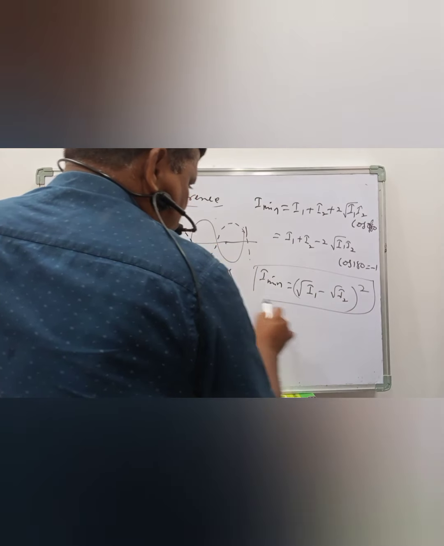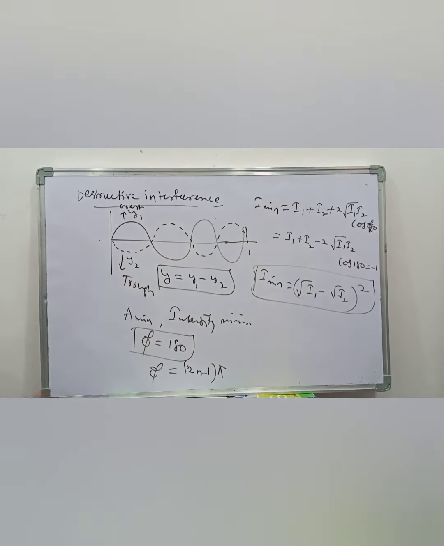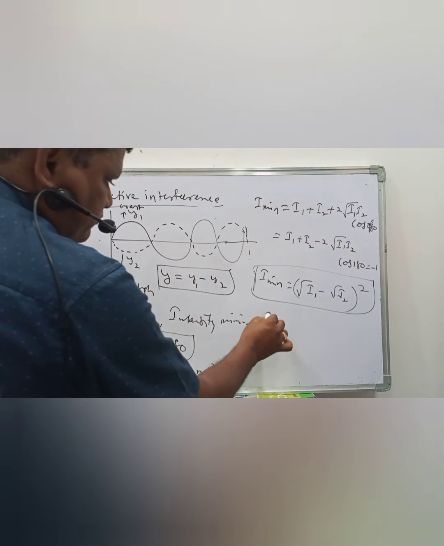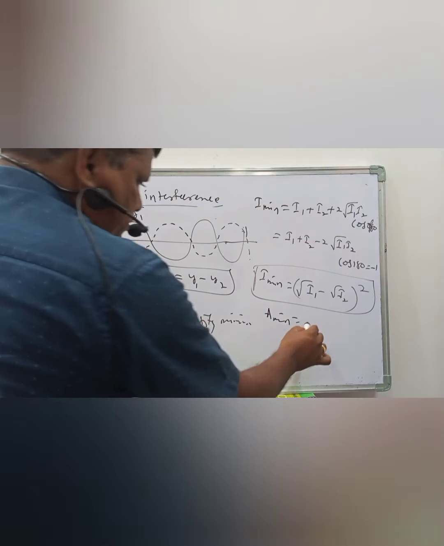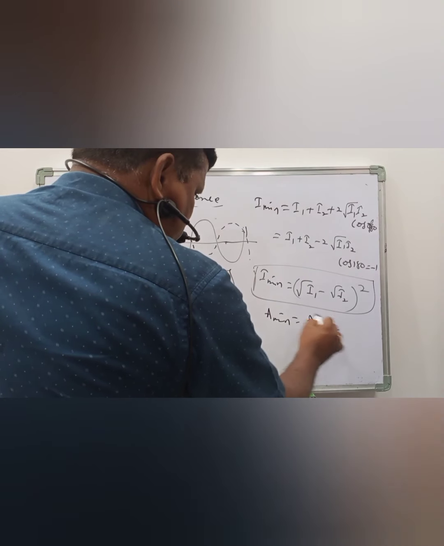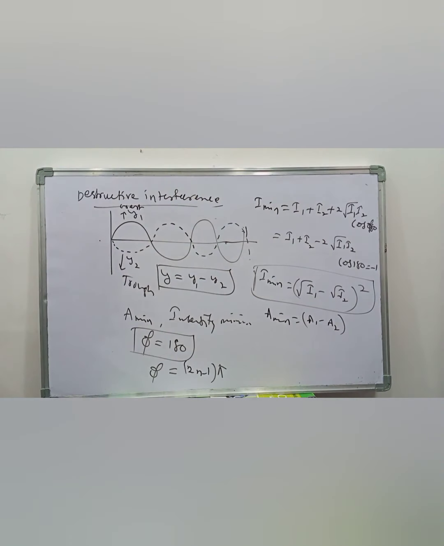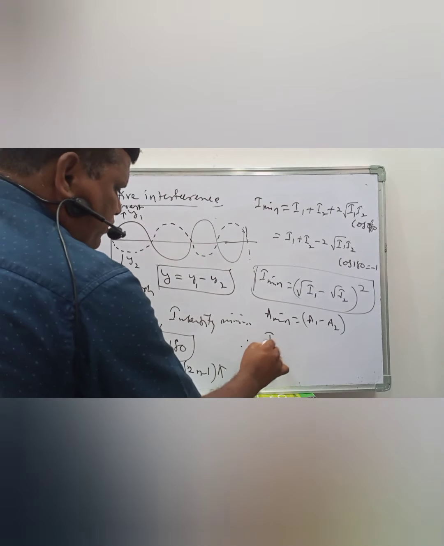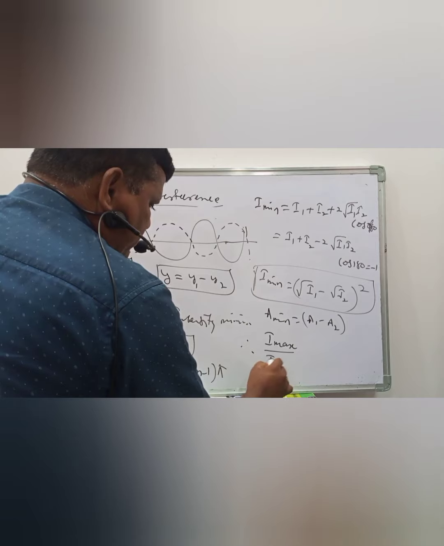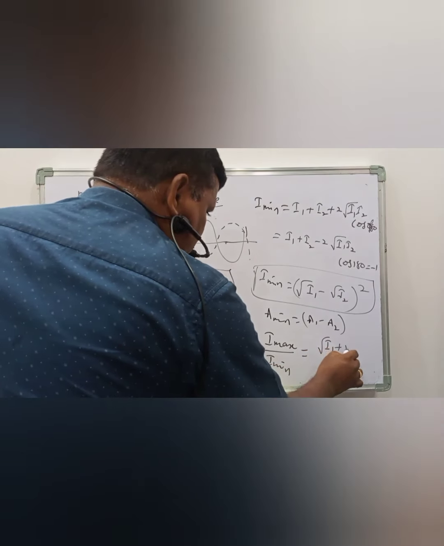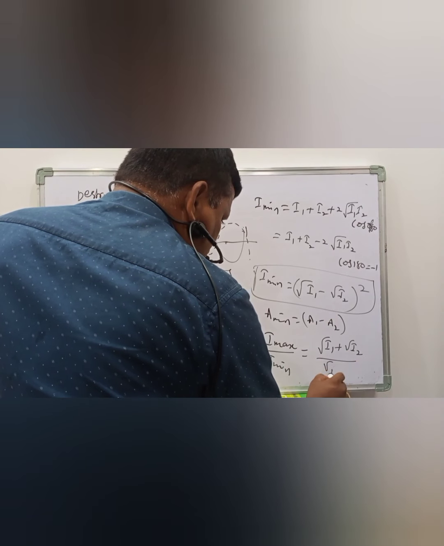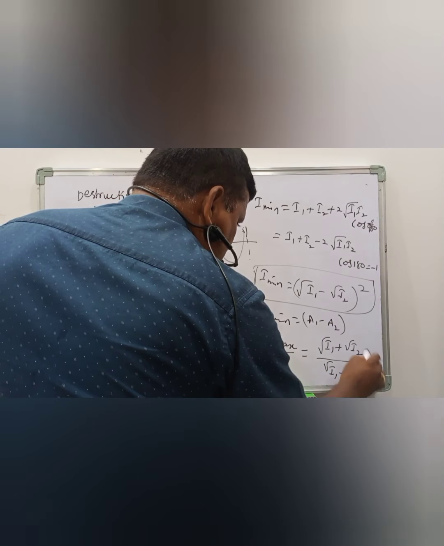This is the minimum intensity of the two waves when destructive interference takes place. Next, in terms of amplitude, A minimum = A1 minus A2. So this is the minimum amplitude and minimum intensity. If you take the ratio of maximum and minimum, I maximum by I minimum = (root over I1 + root over I2) whole square by (root over I1 minus root over I2) whole square.